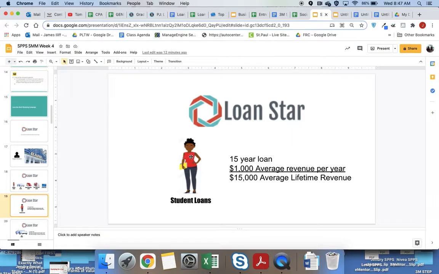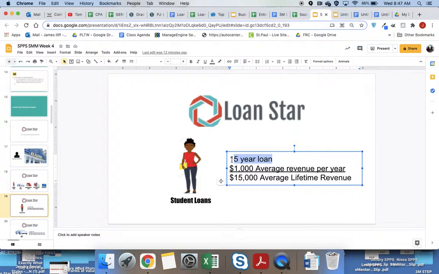When you sell a student loan to somebody, it typically is a 15-year loan. So they're going to be paying it off in 15 years. And the average revenue per year that Lone Star receives is $1,000.